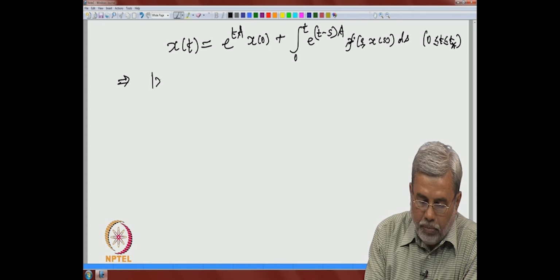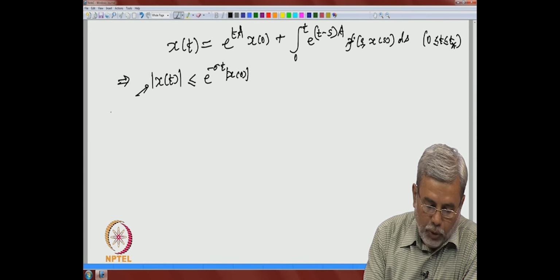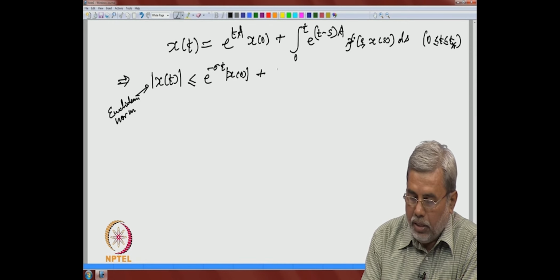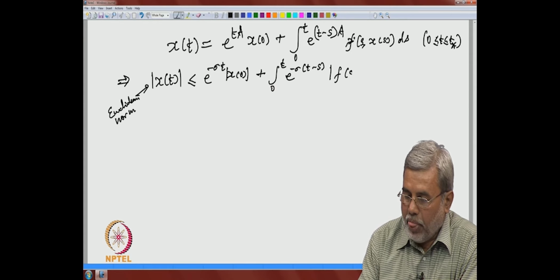So, taking norm and using estimate 1, this gives e to the minus sigma t times the norm of x(0), this is the Euclidean norm, plus the integral from 0 to t of e to the minus sigma (t minus s) times the norm of f of s, x(s).